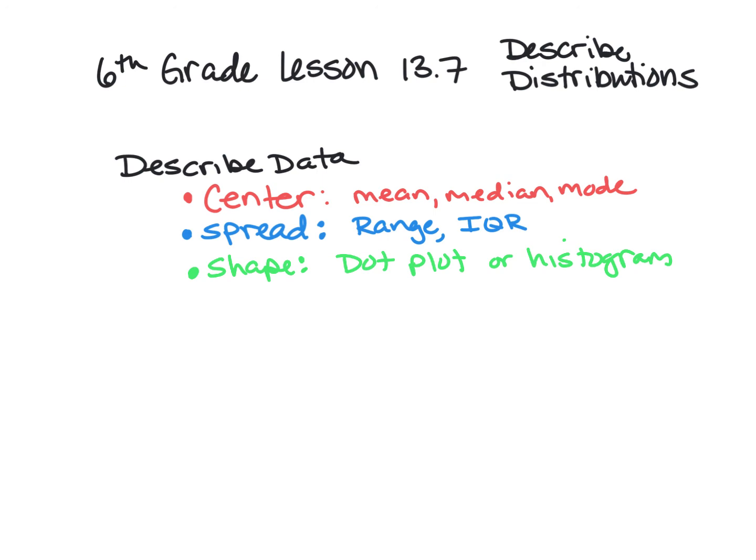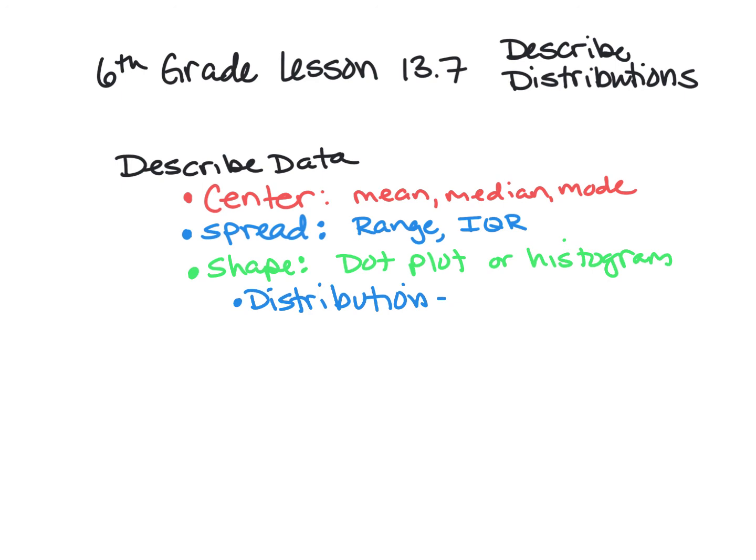Or is it more leaning to one side or the other? Within shape, you can also look at distribution, so I'm going to put distribution under that umbrella. And that's what they're teaching about today.